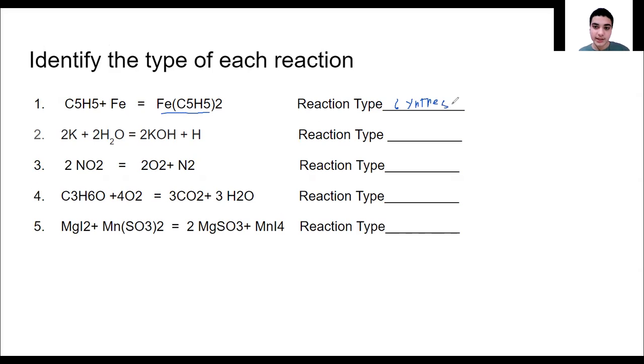Okay, so on to the next question. We have two potassium reacting with two water equals two potassium hydroxide plus hydrogen.